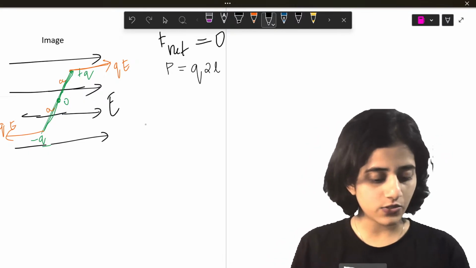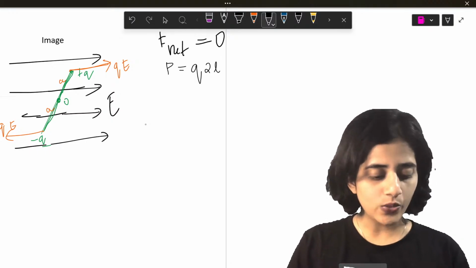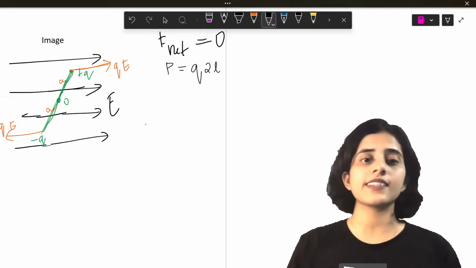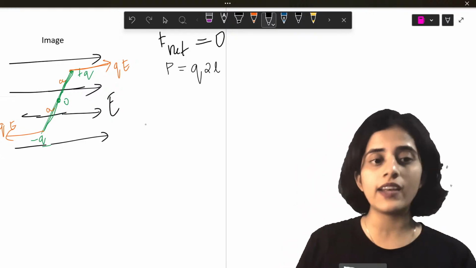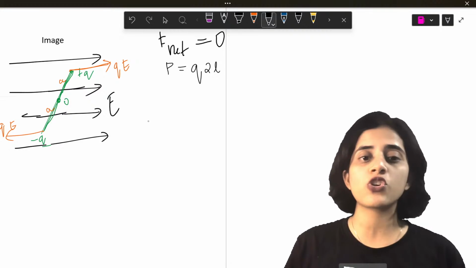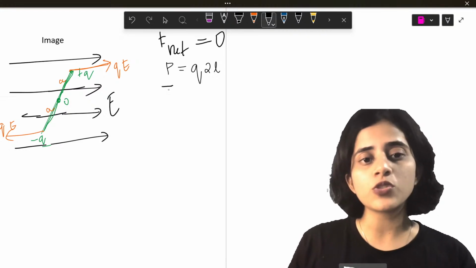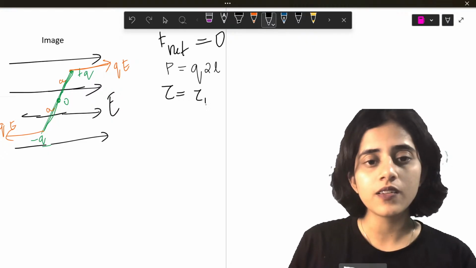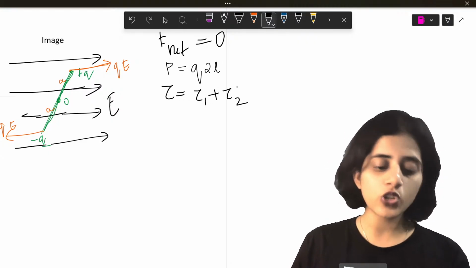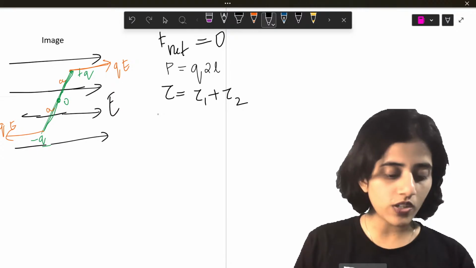Alright. So let's start. Let's consider the torque acting on the plus Q charge, torque 1, and the torque acting on the minus Q charge, torque 2. So the total torque will be torque 1 plus torque 2. Now what is torque?